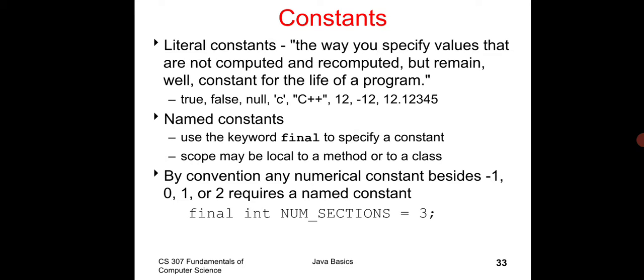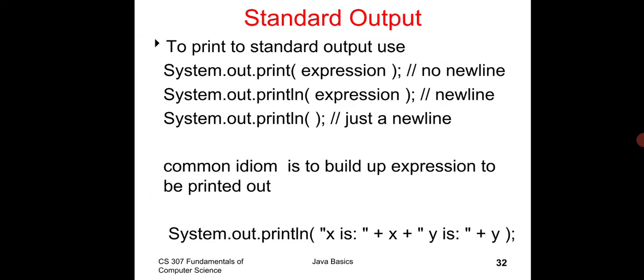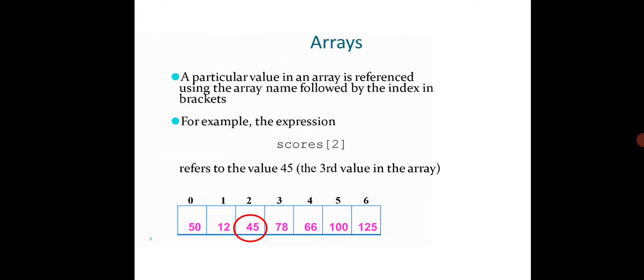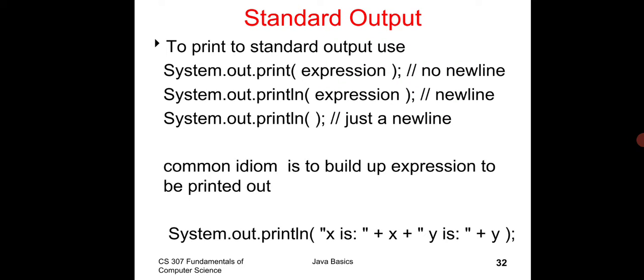Then standard output, System.out. In System.out.println we are going to print an expression. In println it creates a new line, but in the case of print it does not create a new line.